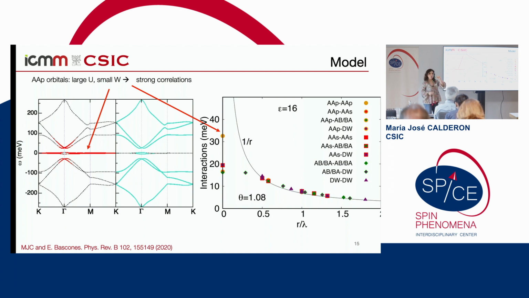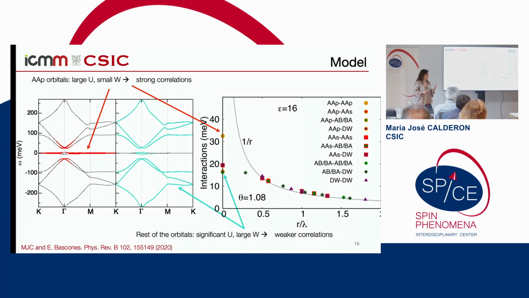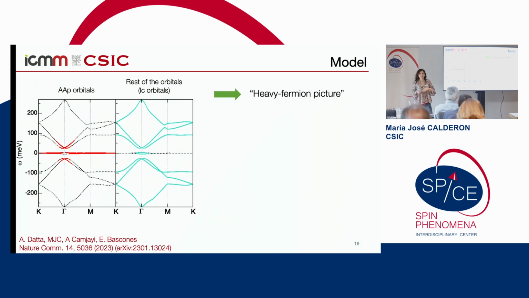So we have very small bandwidth and very large U. So these orbitals, we expect them to be very strongly correlated, while the others still have significant U, so it's not really very small, it's still significant, but the bandwidth is very large, so the interactions are less important.